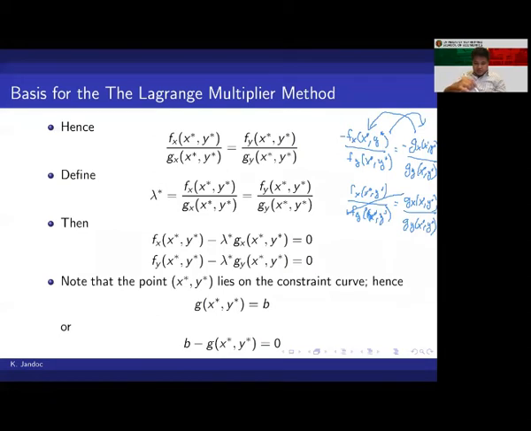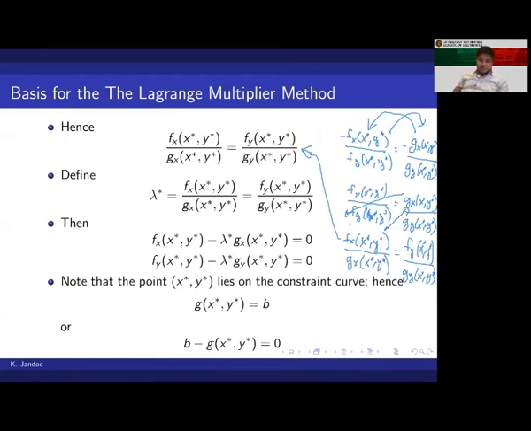So if you have that, move g_x to this side and move f_y to this numerator, then we have the expression f_x(x*, y*) over g_x(x*, y*) equals f_y(x*, y*) over g_y(x*, y*). Okay? Great, and that is this expression over here.